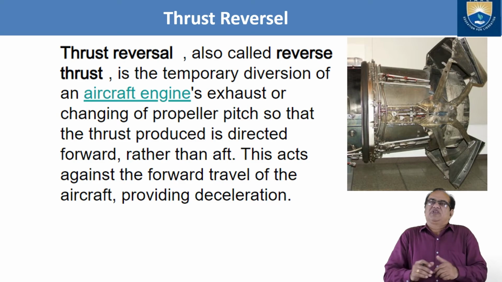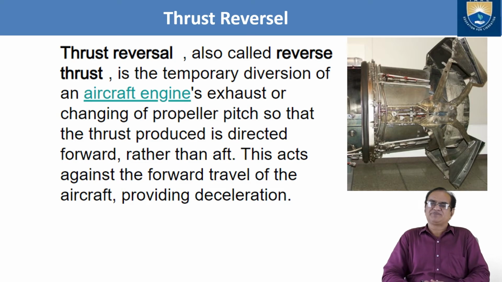Thrust reversal, also called reverse thrust, is the temporary diversion of an aircraft engine exhaust or changing of the propeller pitch so that the thrust produced is directed forward rather than aft. This acts against the forward travel of the aircraft, providing deceleration.